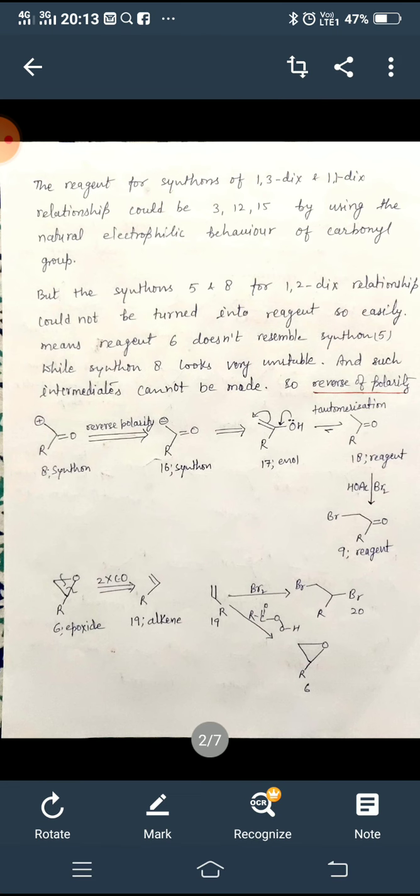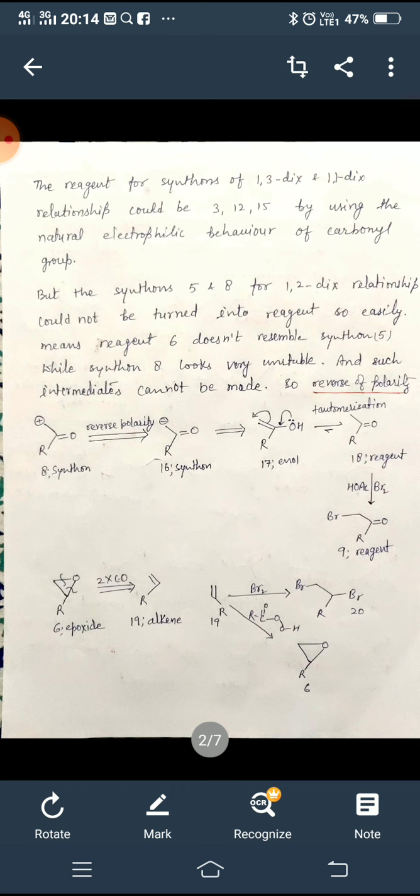In the presence of a peracid, like meta-chloroperbenzoic acid, the alkene converts into an epoxide, and in the presence of bromine, a dibromide is formed, which is naturally electrophilic.